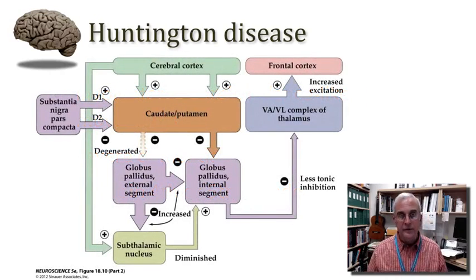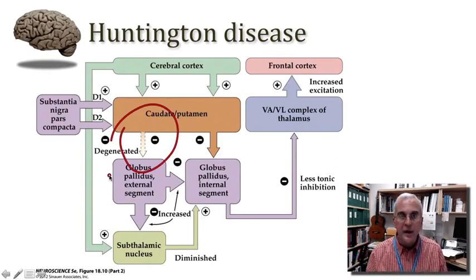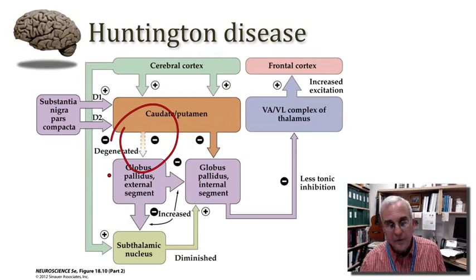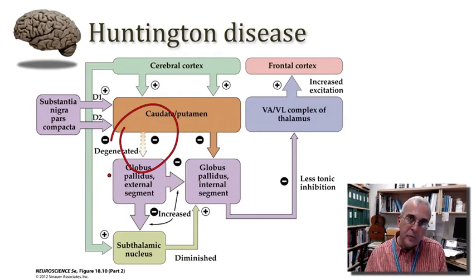So the consequence of Huntington disease is a loss of this indirect pathway from the striatum to the pallidum. So this means that we lose the ability to suppress movement in the following way.